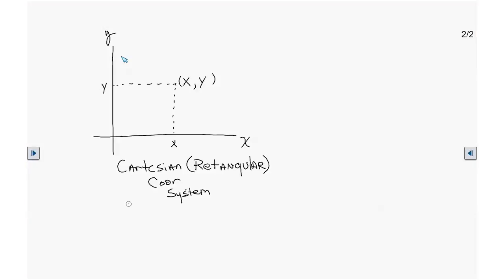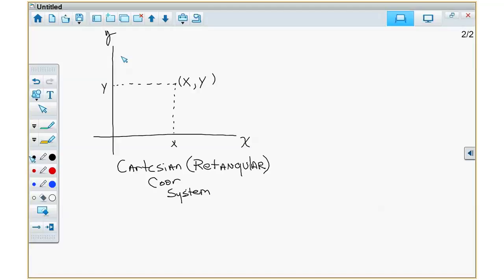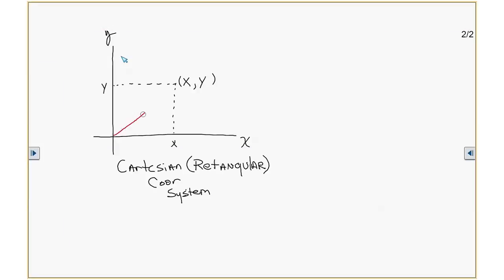Well, in rectangular, you just have an X and a Y, whereas in polar, you have an angle and a direction and magnitude. Now, of course, you don't call it direction and magnitude, that's in vectors, but if you have this same point, take a red line and draw a line to this same point.